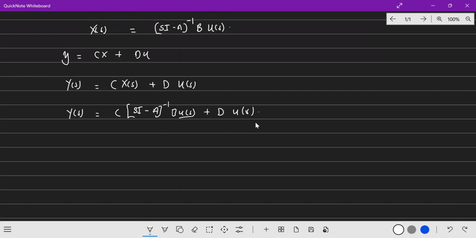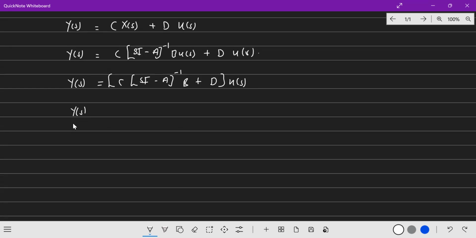So we can factorize U(s), which is simply the input. So Y(s) equals [C (sI minus A) inverse B plus D] multiplied by U(s). Then divide both sides by U(s), and you have output over input equal to C (sI minus A) inverse times B plus D. So this is what we call the transfer function of a state space model.